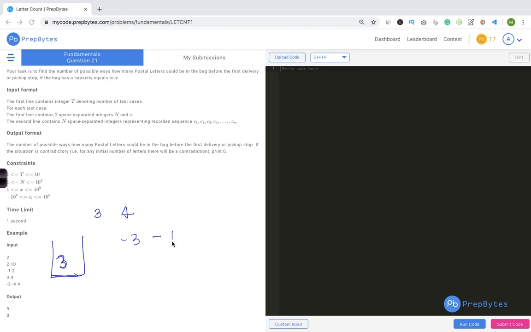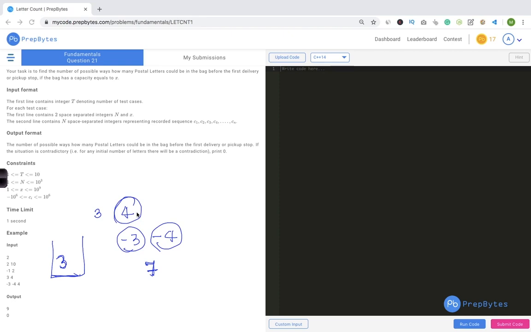Now the next change is minus 4, which means that we already delivered 3 and now we are expecting to deliver 4. So we want that initially at least 7 letters should be there in the bag, right? Which is not possible because the complete capacity of the letter bag is maximum 4, right?